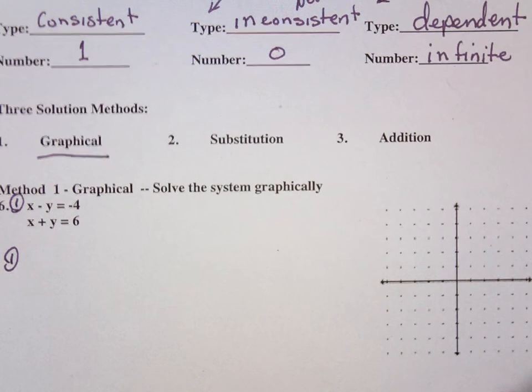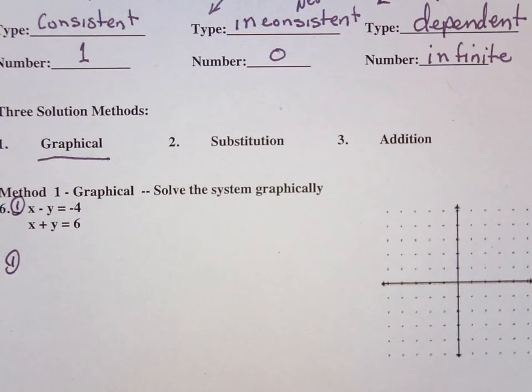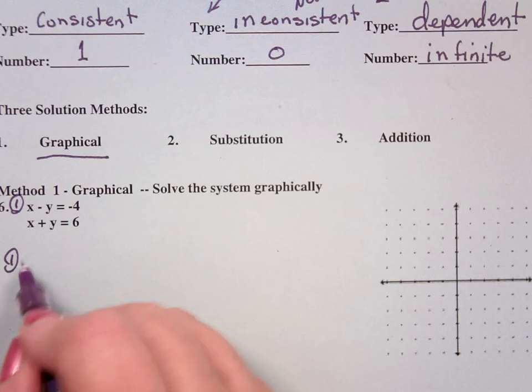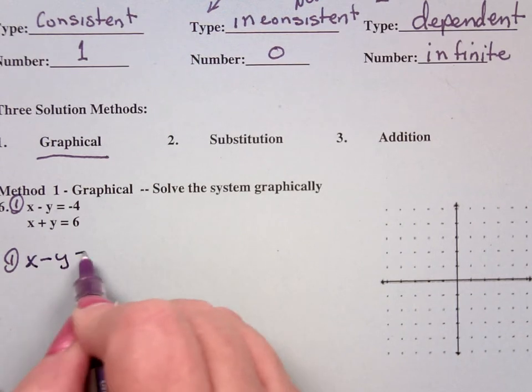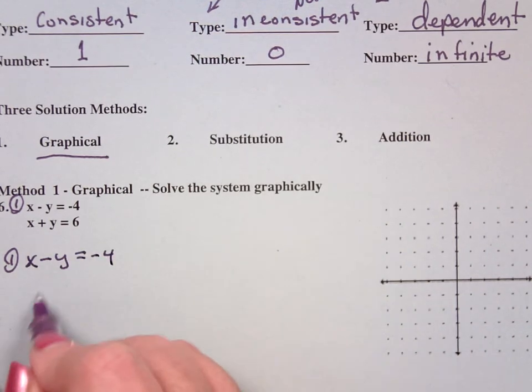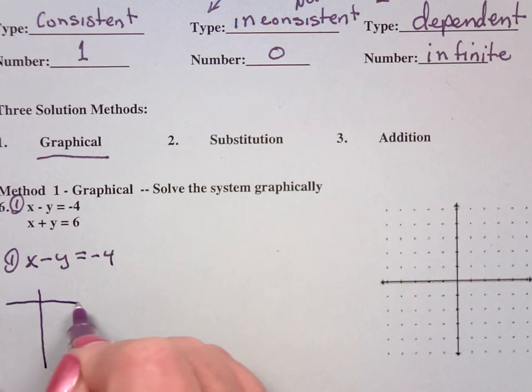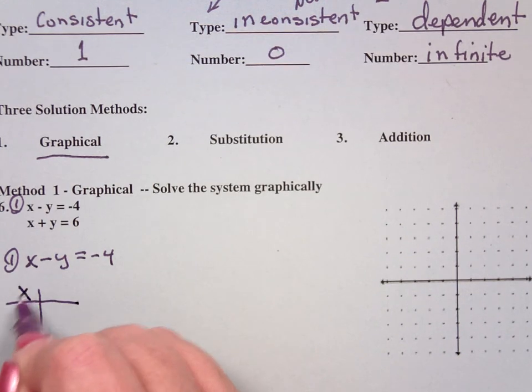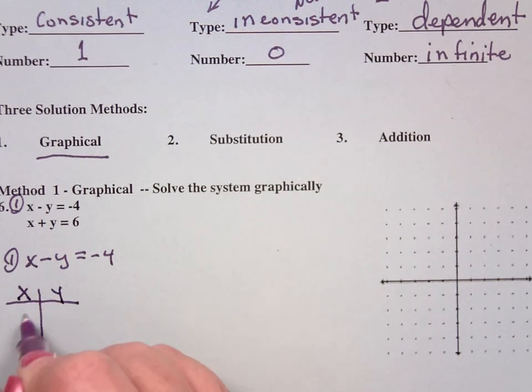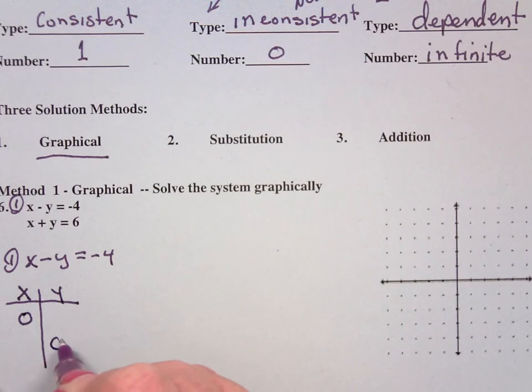And for the graphical solution, you need to be as exact as you can get it. So if I look at x minus y equals negative 4, I'm going to just use the intercept method. So x equals 0, y equals 0.